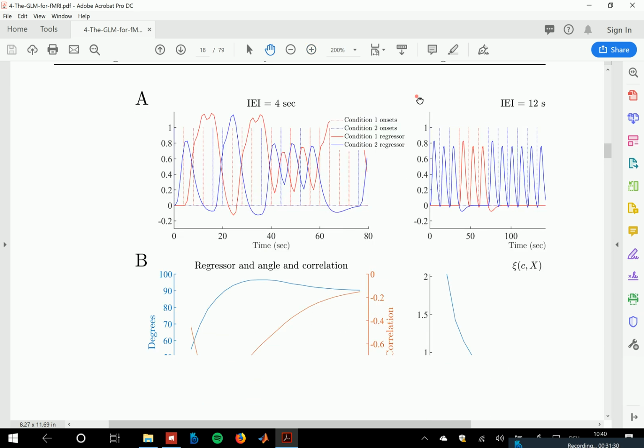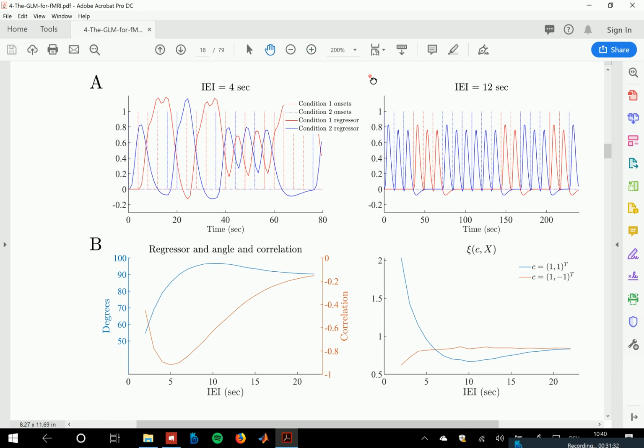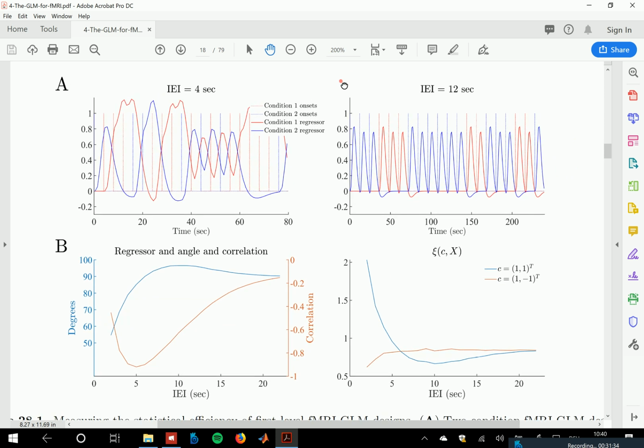Now, within experimental design you have many free parameters. You can look at the sequence of stimuli that you present, you can think about the cognitive processes that you evoke, or you have constraints like that you cannot do the experiment forever. In this case, what I'm looking at is the inter-event interval.